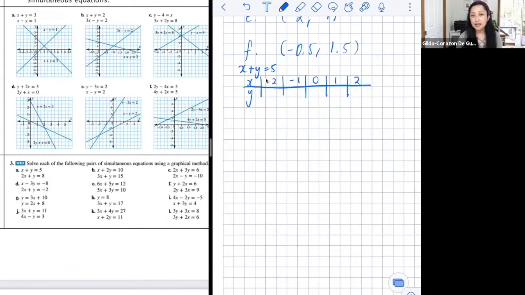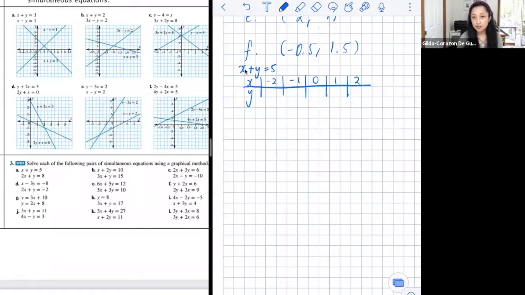Depending on the values that you assign for x, you want to find the values of y. That's why we call the x value the independent, and the y would be dependent, because the y value would be dependent on whatever x value you assign. So this time we've assigned x as -2. So we replace x with -2.